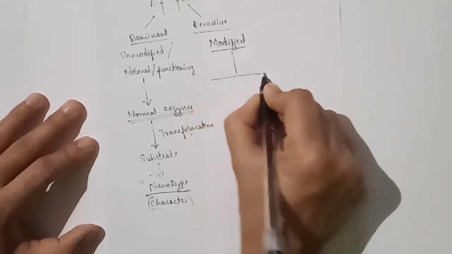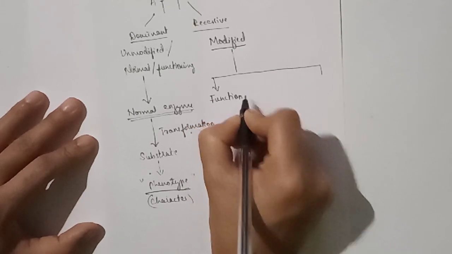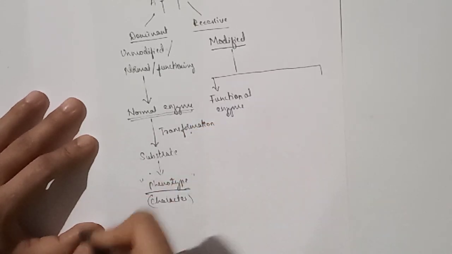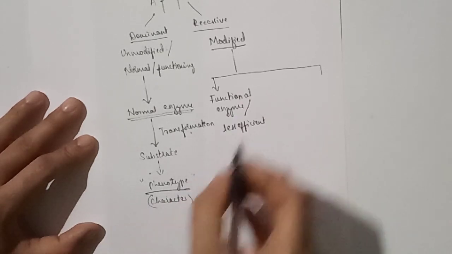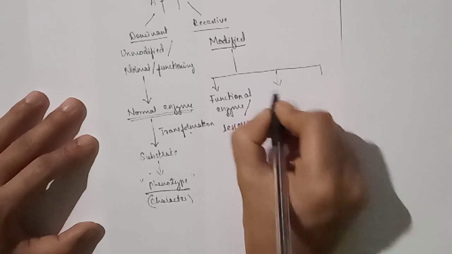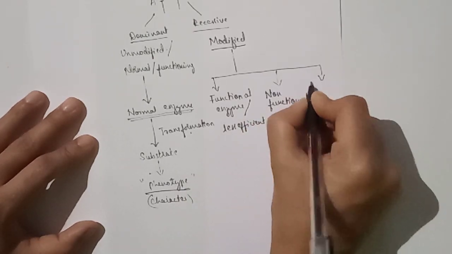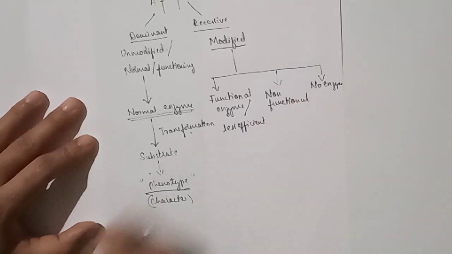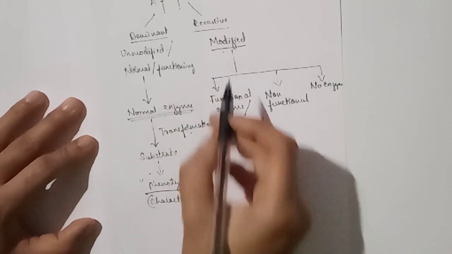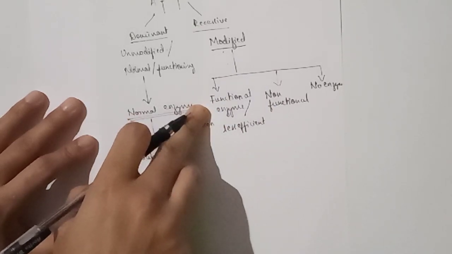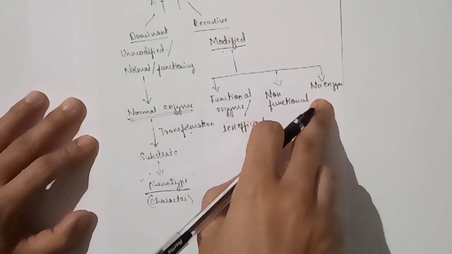This modified allele is either responsible for production of a functional enzyme, or a little bit less efficient enzyme, or it may produce a non-functional enzyme, or no enzyme at all.